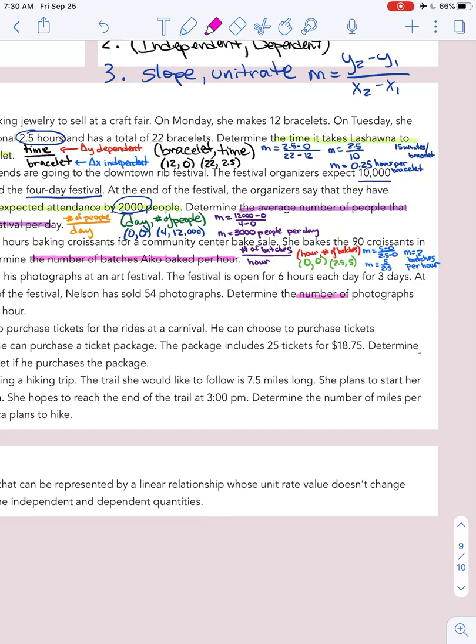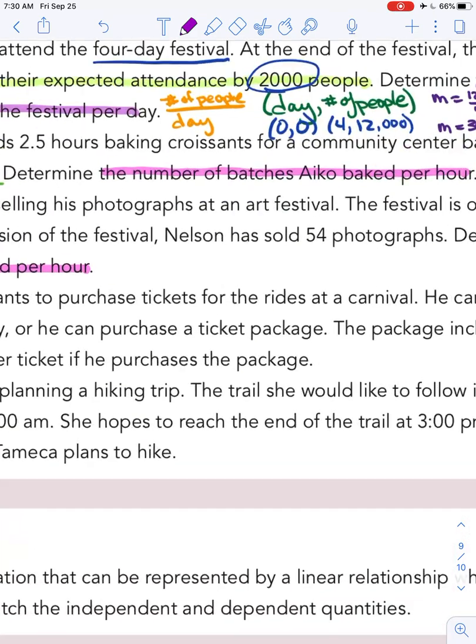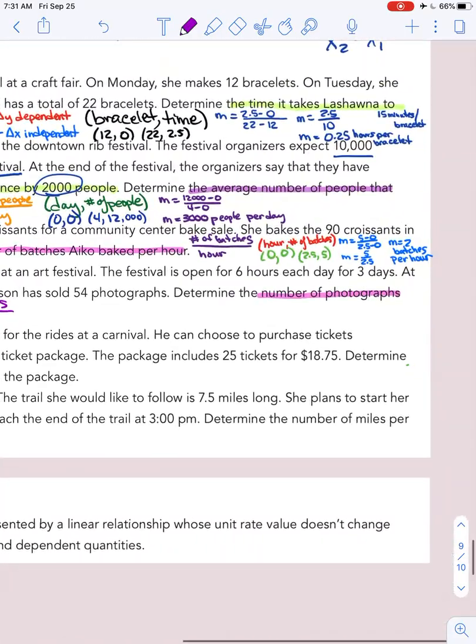Determine the number of photographs he sold per hour. So we want number of photos per hour.